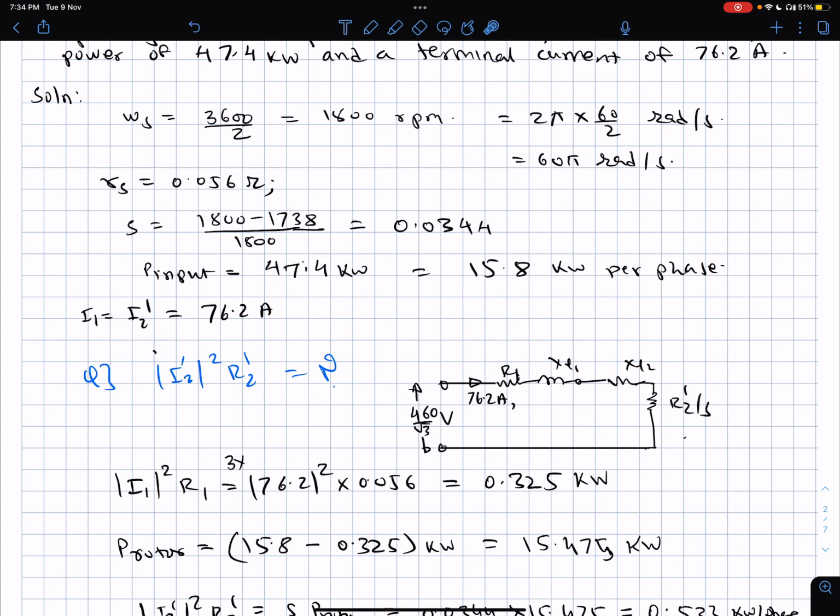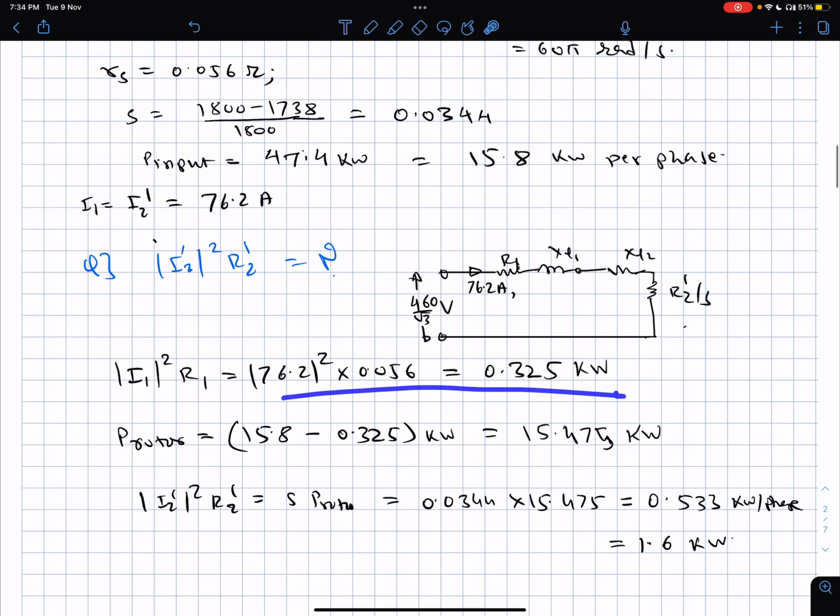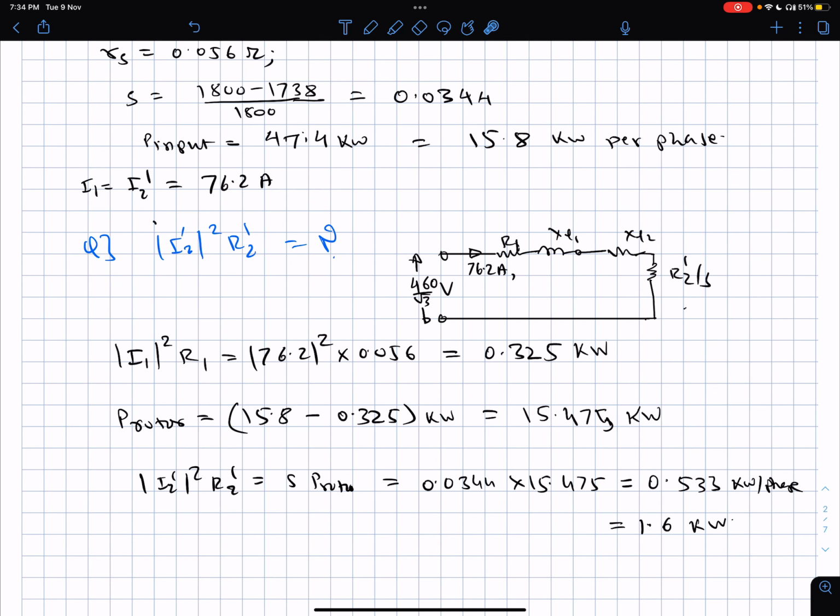Therefore I am doing this calculation per phase. So I will get this as the per phase loss in the stator winding, subtract it from the per phase input, and I'll get the per phase power which is being transferred to the rotor.